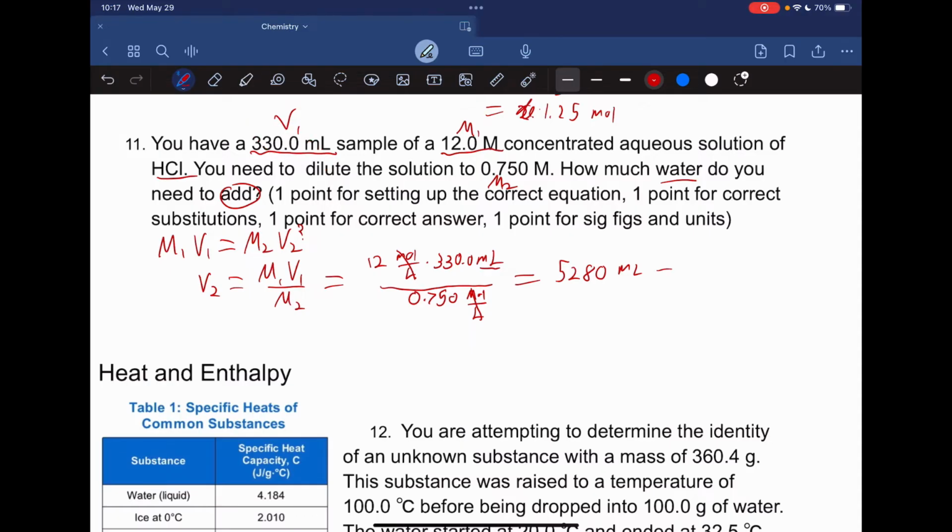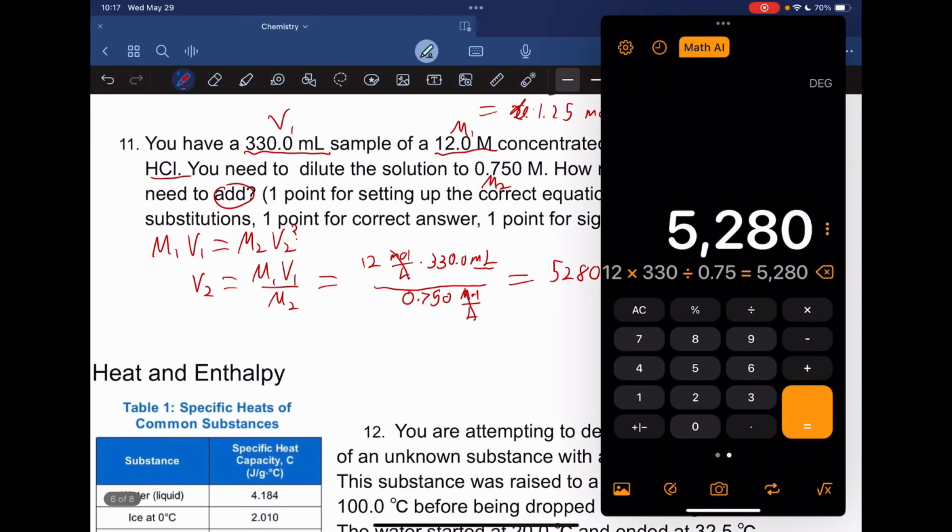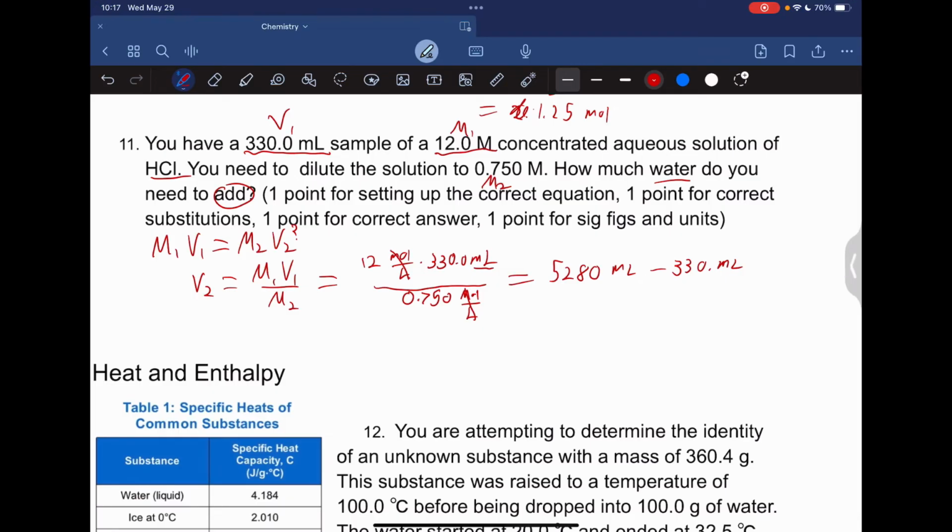So we need to subtract out 330 milliliters in order to figure out how much additional water we need to add. So 5,280 minus 330 is 4,950. And it looks like all the numbers are at least 3 sig figs, so we're going to keep it 4,950. So the final answer is 4,950 milliliters of water.